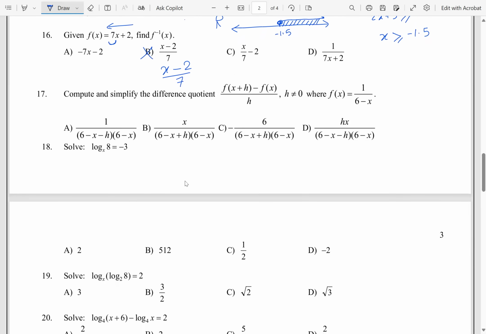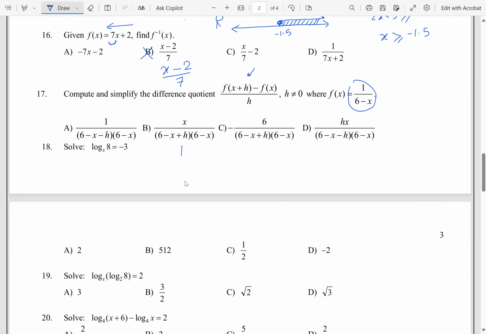And last question here, number 17. Compute and simplify the difference quotient f of x plus h minus f of x over h, where f of x is 1 over 6 minus x. So actually the answer is, in this part, you substitute in the difference quotient formula by writing like this. You have a function, 1 over 6 minus x.